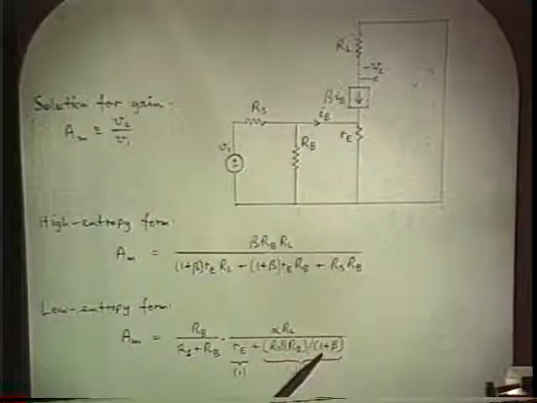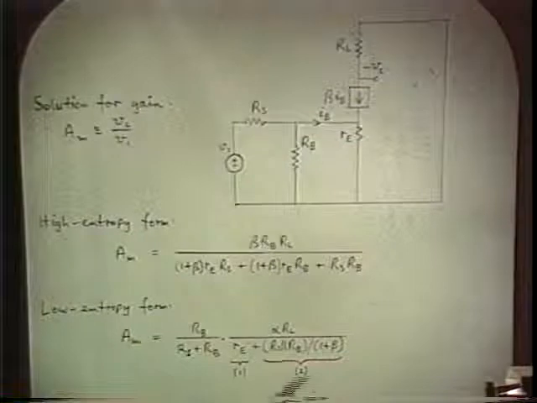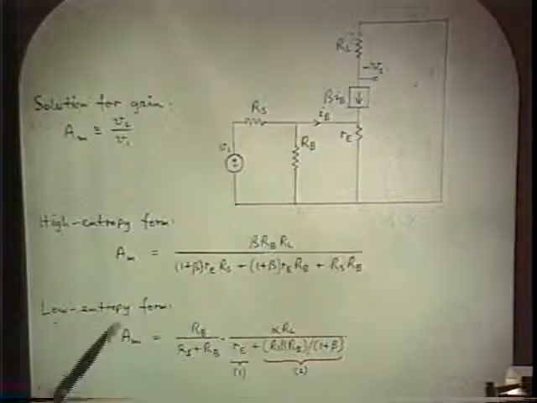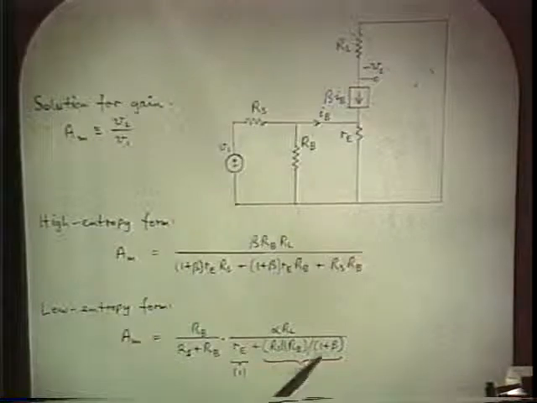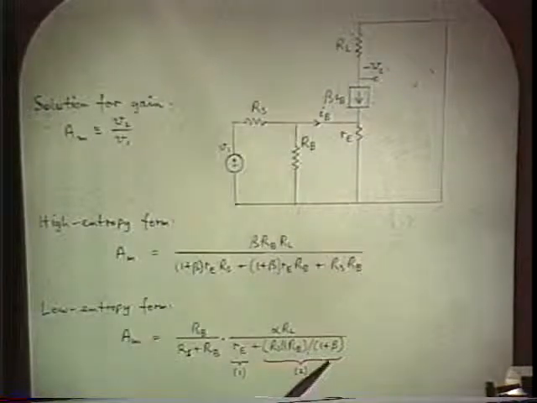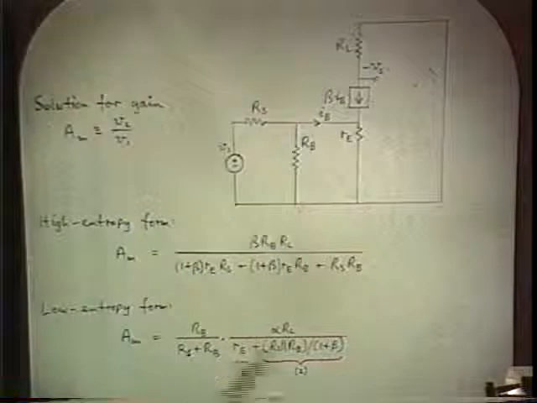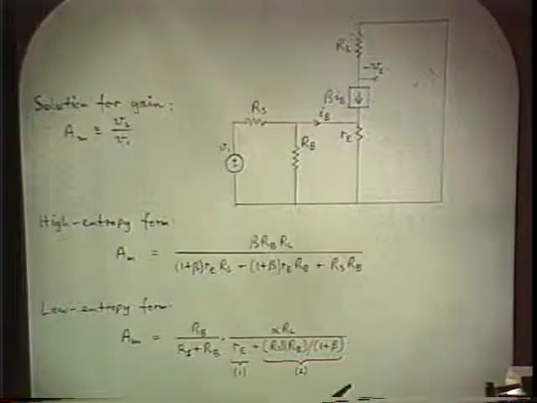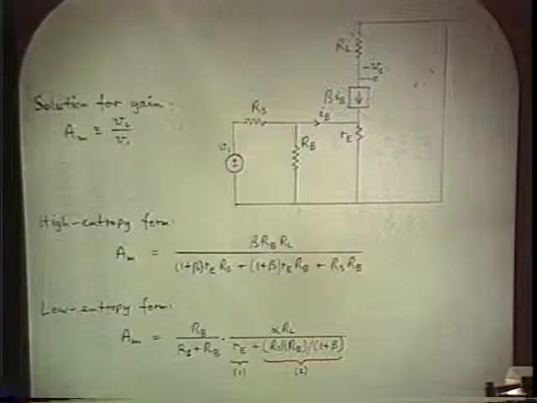For example, if beta varies plus or minus 20%, and if those two terms labeled 1 and 2 happen to be numerically equal, then the resulting variation of the gain would be the beta tolerance divided by 2. That's the dilution factor, resulting from those two terms being equal. So you would get only a plus or minus 10% variation in the resulting gain.